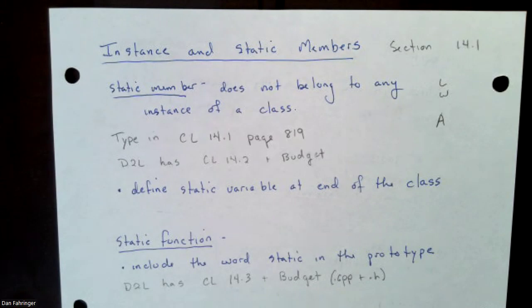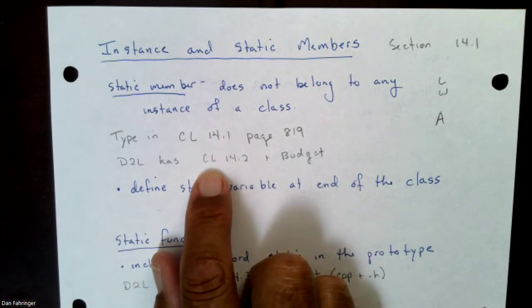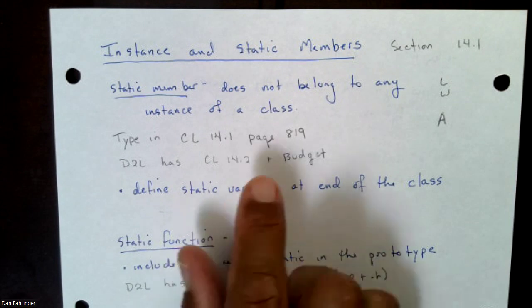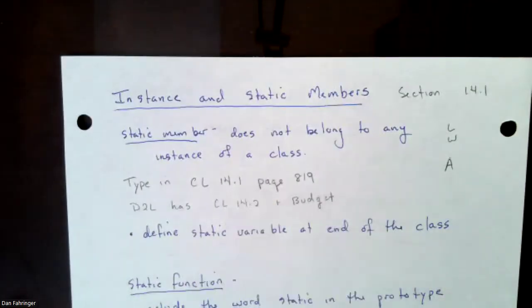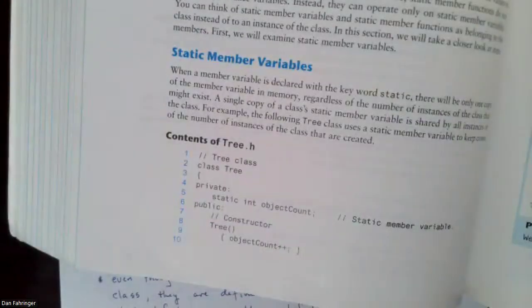And you're going, what the heck's that mean? Now, let's get into actually what's going on. I have 14.1 and tree.h. So right now on page 819, you have tree.h, and then right after it is code 14.1.